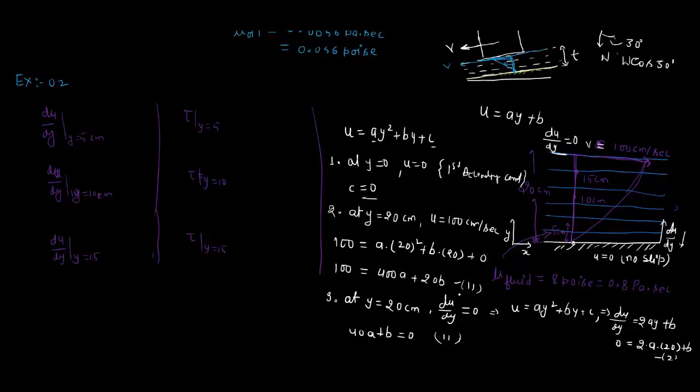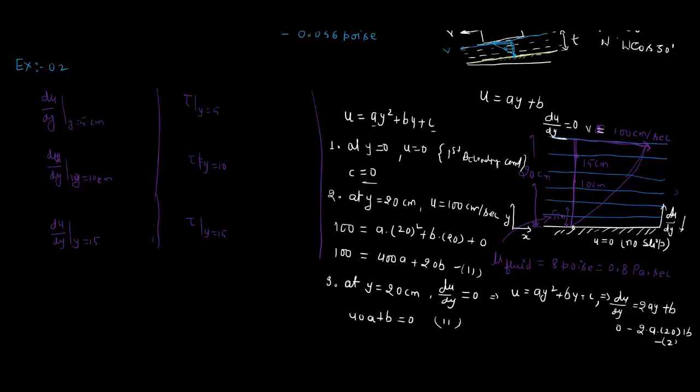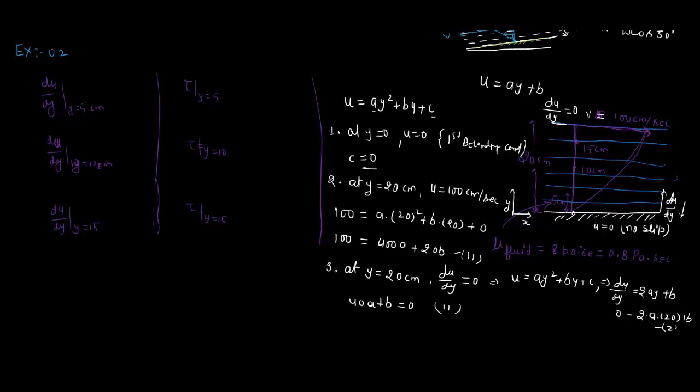From our second and third equation, we have two equations and two unknowns, so we can simply calculate the value of a and b.